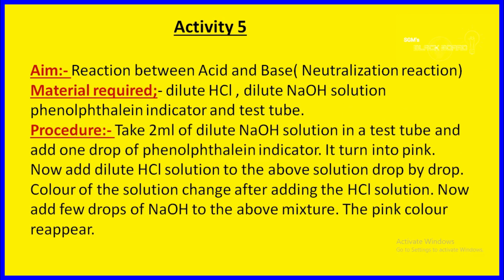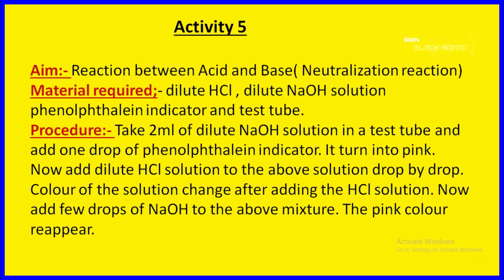Procedure: take 2 ml of dilute sodium hydroxide solution in a test tube and add 1 drop of phenolphthalein indicator. It turns pink. Now add dilute hydrochloric acid solution to the above solution drop by drop.